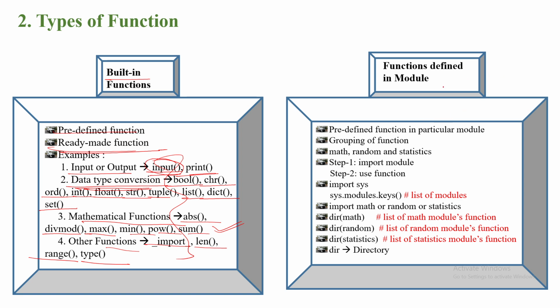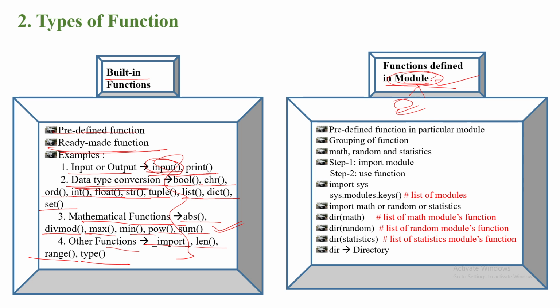Now functions defined in module. Inside a particular module, many functions are there, and the functions in one particular module are not available in another module, right? So whenever a user wants to use those functions, they first have to import that particular module, and then afterwards you can call those functions, because they also cannot be created by the user.